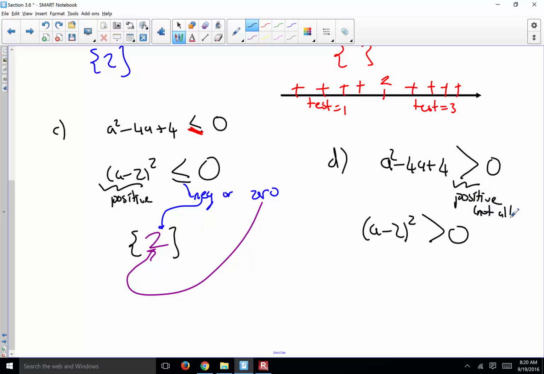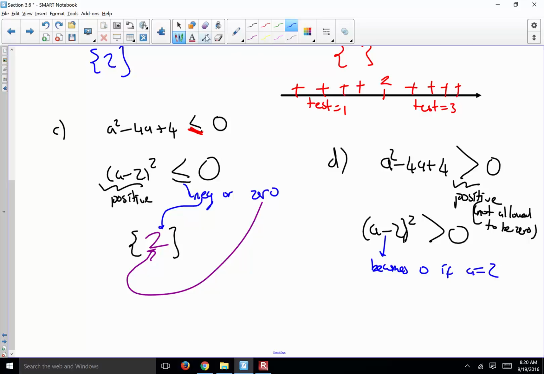We cannot be 0 because there is no equal sign. And I know this thing becomes 0 if a is 2.